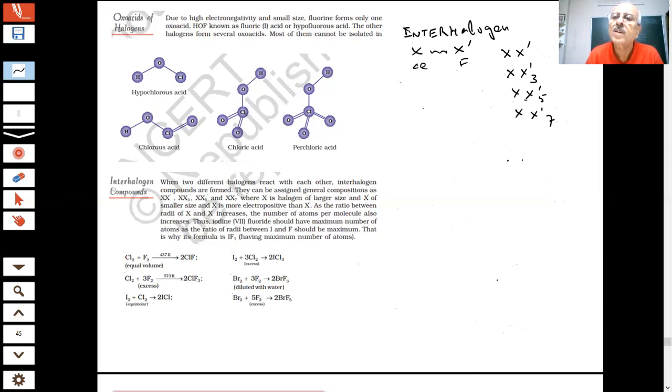What does it mean, students, when I write the formula of such compounds? One will be more electronegative than the other. Or what is happening is that one will be larger in size than the other.